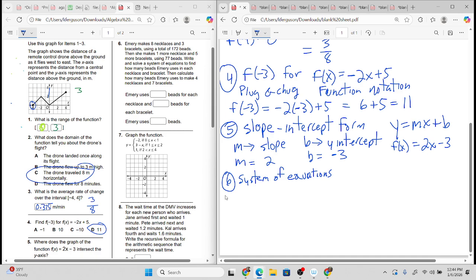So first thing I'm going to do, so like step 1 is label or define my variables. So I'm going to say n is going to be the number of beads to make a necklace.